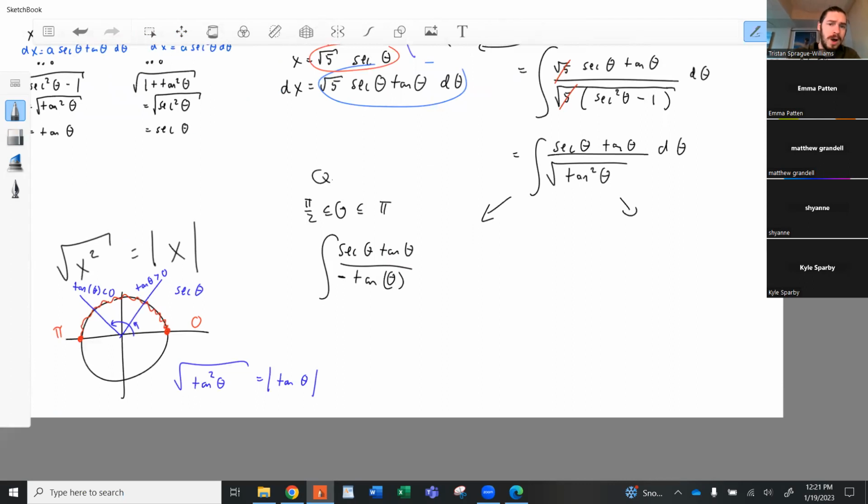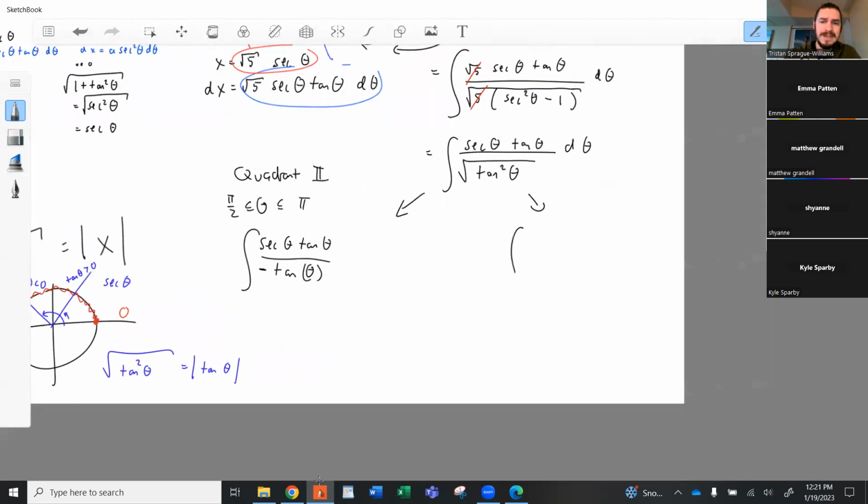This would be quadrant 2. Versus over here, we don't need that extra negative sign at all if we're in quadrant 1.